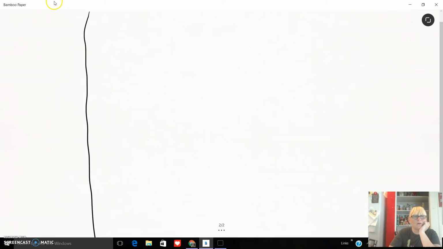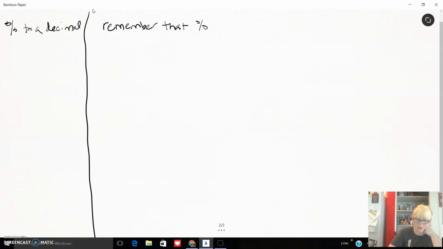All right, so now that I've changed a percent to a fraction, and that was pretty easy, I can also change a percent to a decimal, which is also pretty easy. To change a percent to a decimal, you have to remember that the percent means over 100.